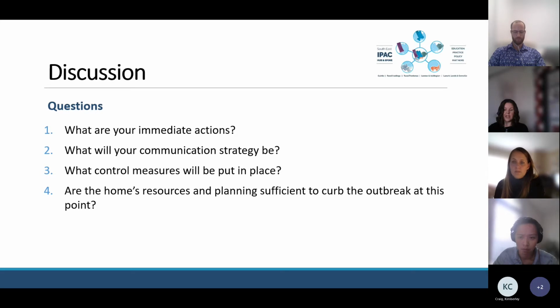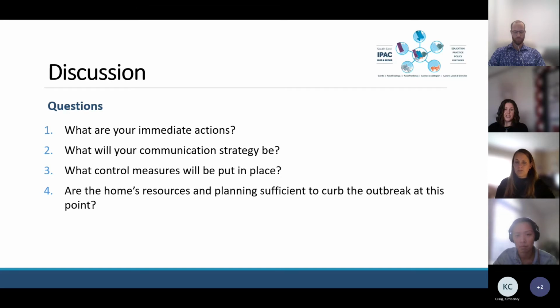So what are your immediate actions? This can include things like staffing restrictions, the considerations for handling symptomatic and asymptomatic residents, testing your residents, and any issues of concern with testing refusal from either the resident or perspectives of the family.